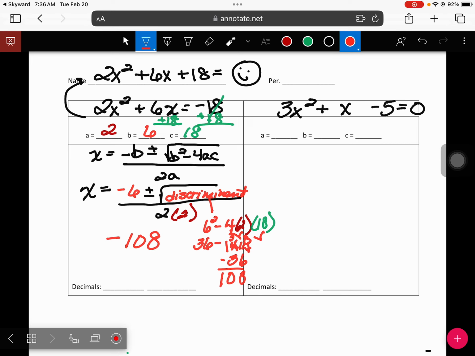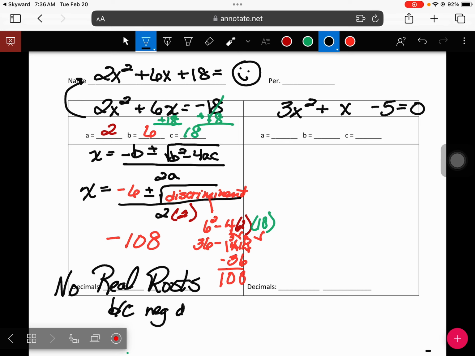Now, do you remember when we have a negative value as the discriminant, how many real roots do we have? 0. So we cannot do this problem as it is, and we are just going to say no real roots because we have a negative discriminant.